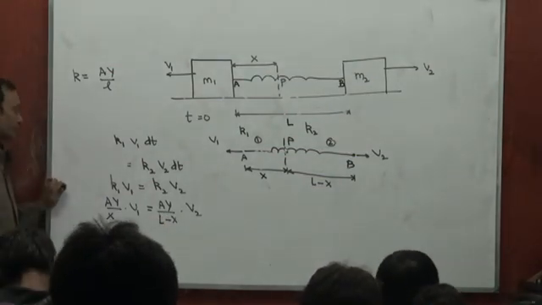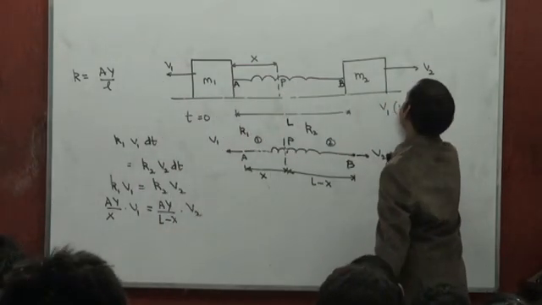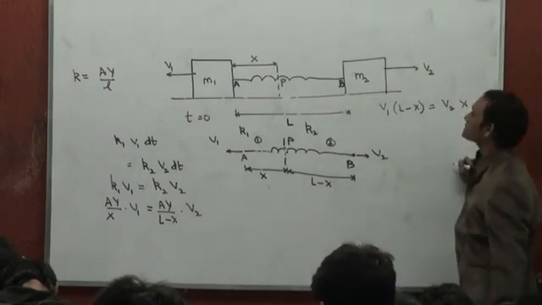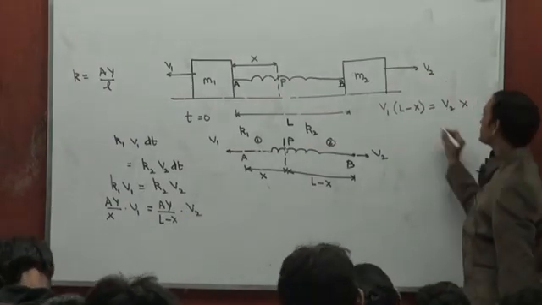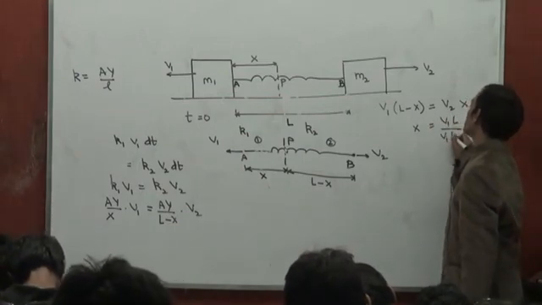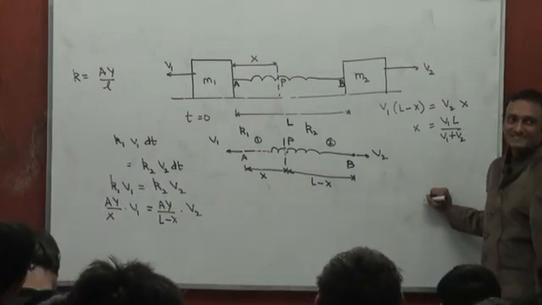No? So v1 into L minus x is v2 into x, you get x as v1 L by v1 plus v2. Much ado about nothing, right?